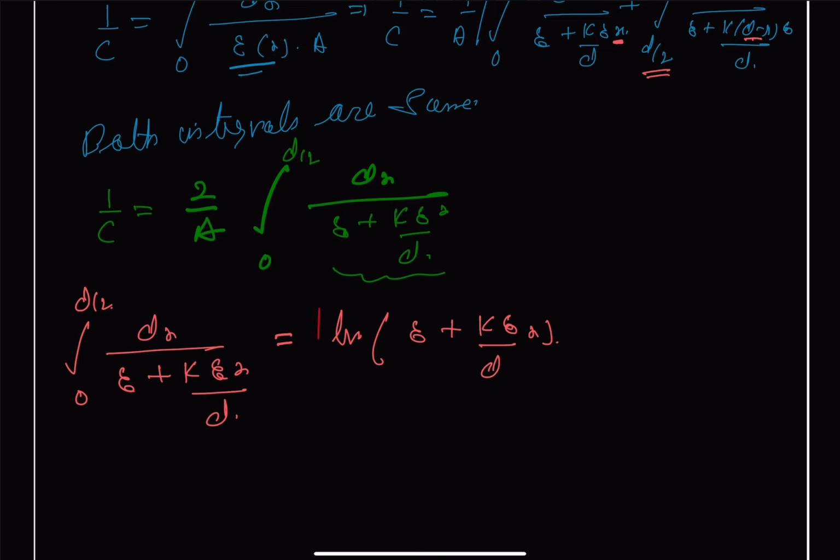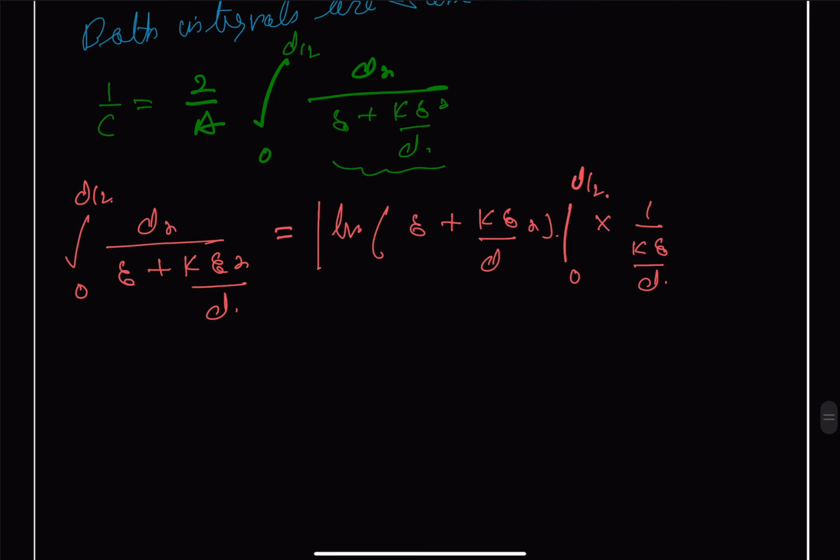We multiply by 1 by b, and 1 by b will be coming as 1 upon k epsilon naught upon d.